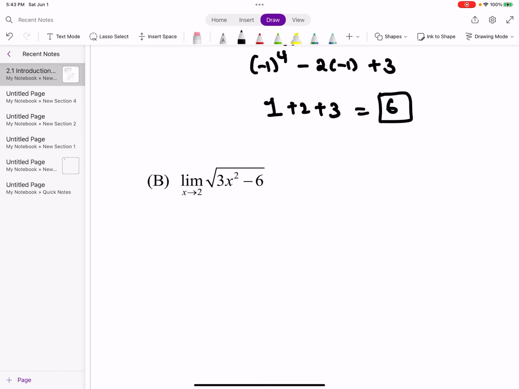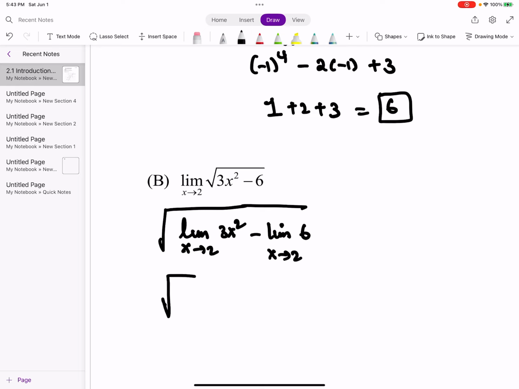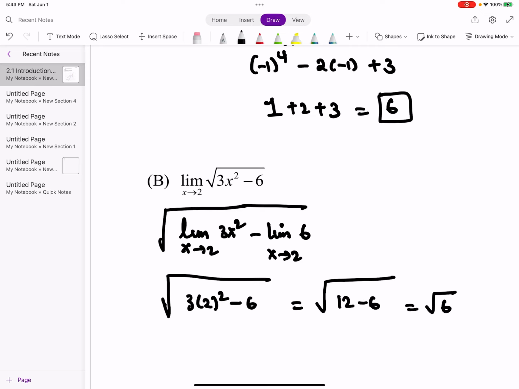This one is the limit, under radical, x approaches 2 of 3x squared minus the limit of x approaches 2 of 6. This one is under radical 3 times 2 squared minus 6. So this one is 3 times 4 is 12 minus 6, which is radical 6.